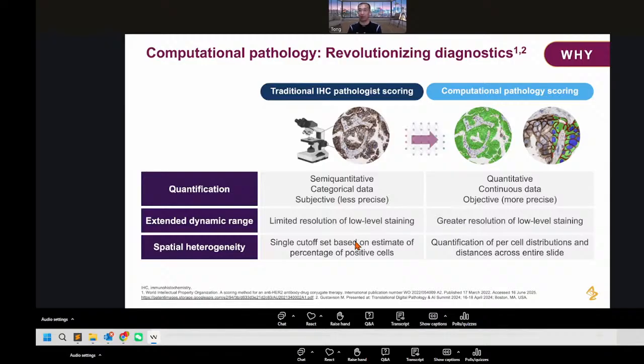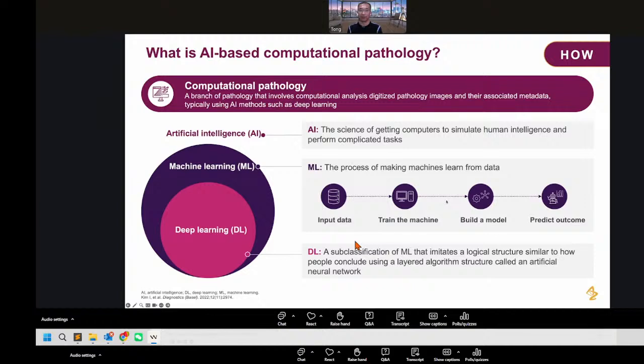That is where computational pathology can contribute more. The third is spatial heterogeneity, which is quantity based on the per-cell distribution and the distance across the entire slide. Those are some of the key differences between manual and digital or computational pathology.